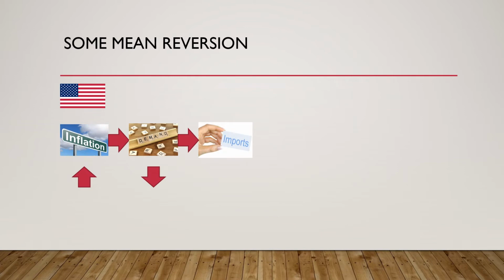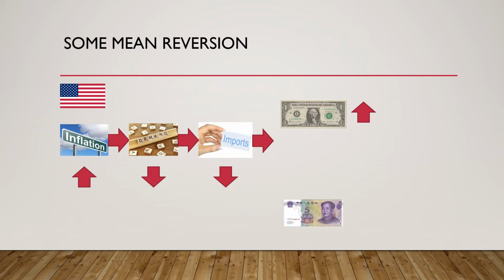And as the demand declined, so would the imports. That would have meant that the exchange rate would have readjusted itself, thereby increasing the dollar price vis-a-vis the price of the Chinese yuan and shifting some of the supply back to the US. That would have happened in a free exchange rate regime.